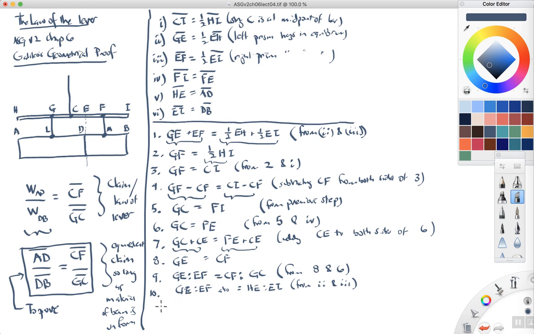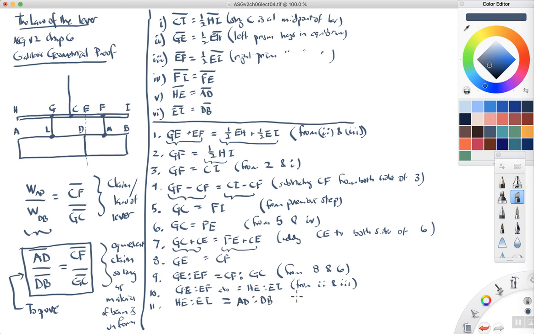Okay, so now point 11, hope we can fit this in, we have two more points to make. So that means that HE is to EI in the same ratio as AD is to DB.